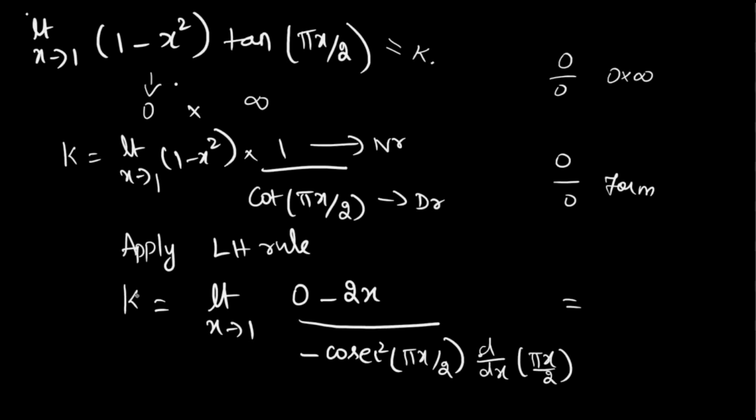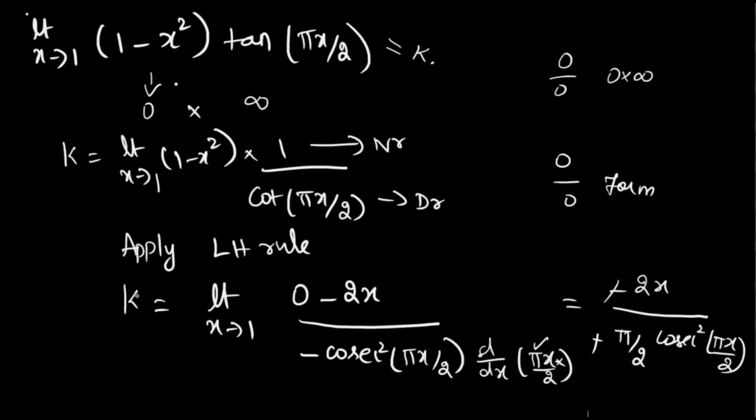So this is nothing but minus 2x divided by, if I differentiate pi x by 2, pi by 2 is a constant, x if I differentiate 1, so I will get pi by 2, that's it, cosecant square(pi x by 2). And there is a negative sign in the numerator as in denominator, it will get cancelled.